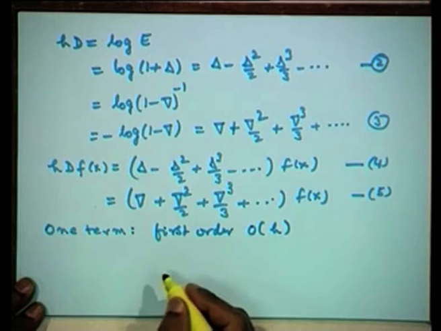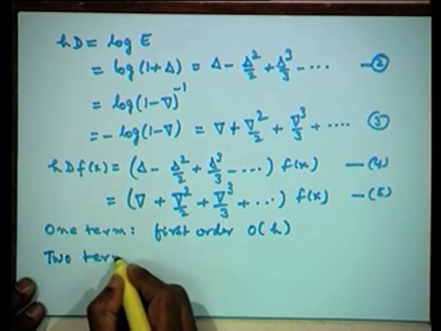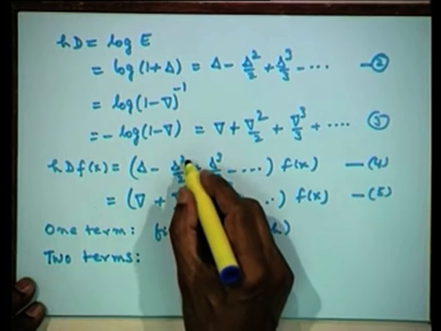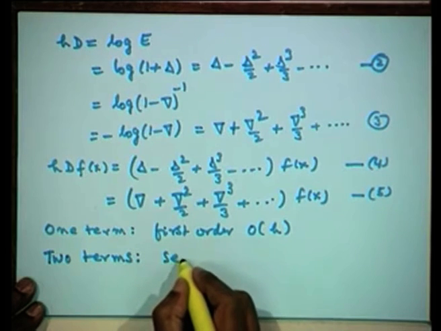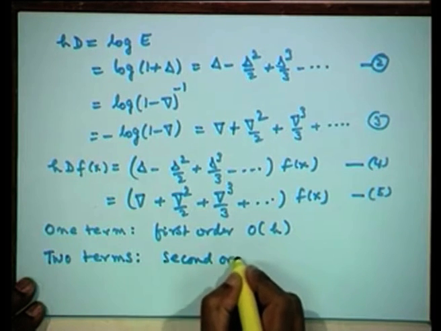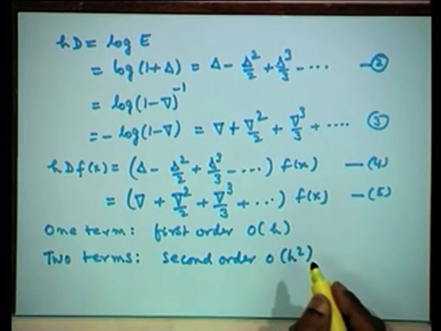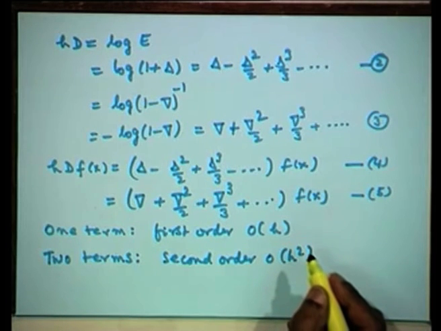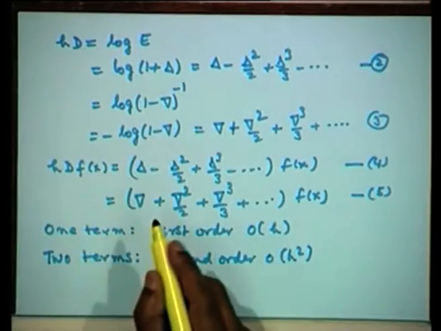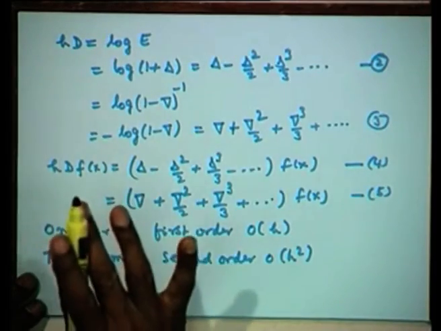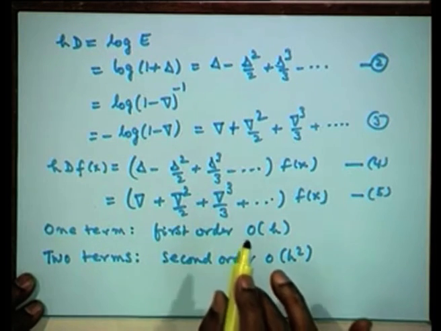If I use 2 terms, that means I am using up to delta square by 2 here and backward difference square by 2, then I will get all second order formulas, order of h square formulas. Whatever we have derived earlier using the forward or the backward differences are obtained using this particular formula also.